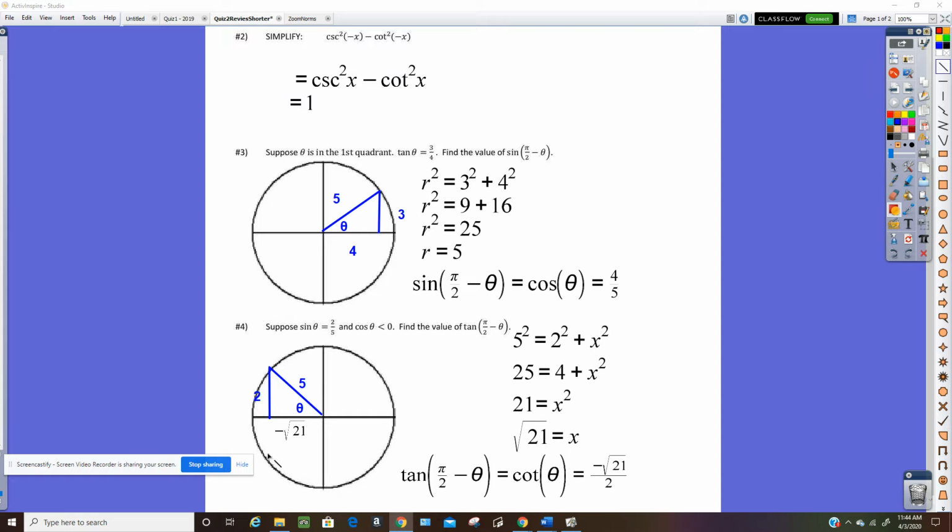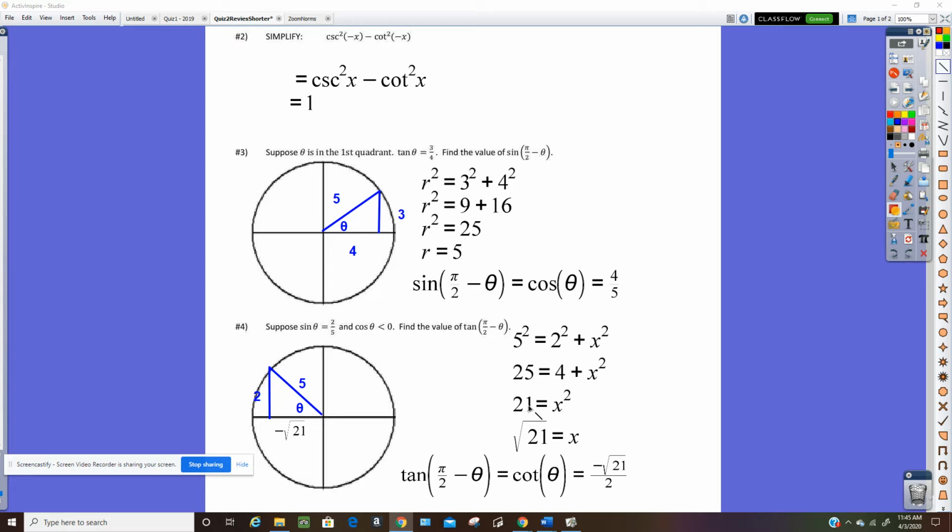And then you want to find this side right here by using Pythagoras. So 5 squared is equal to 2 squared plus x squared. 5 squared is 25, 2 squared is 4, plus x squared. And then subtract 4 from both sides. When I subtract 4 from 25, I get 21.